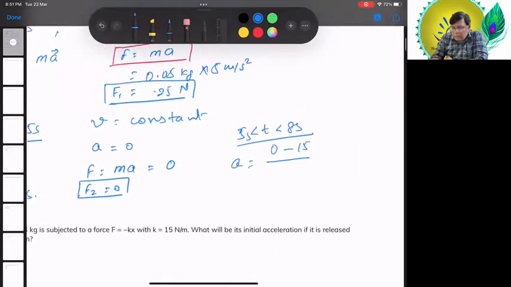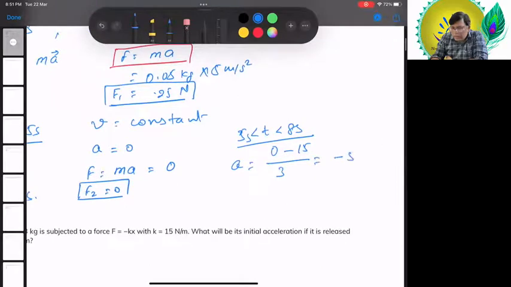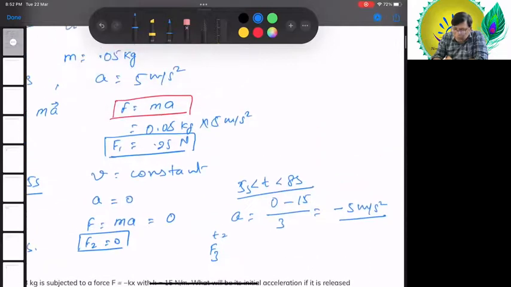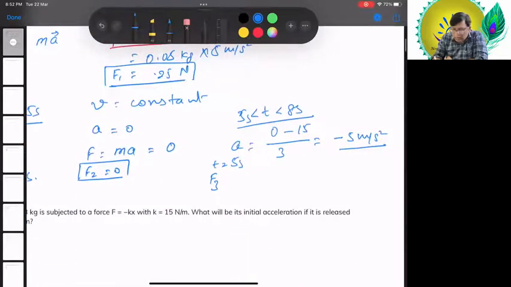So this will be 0 minus 15 upon 3. This is giving minus 5 meter per second square. Negative shows the speed is coming down. So force for this period, F3 at t equal to 5 second, is ma, that is minus 0.25 Newton.